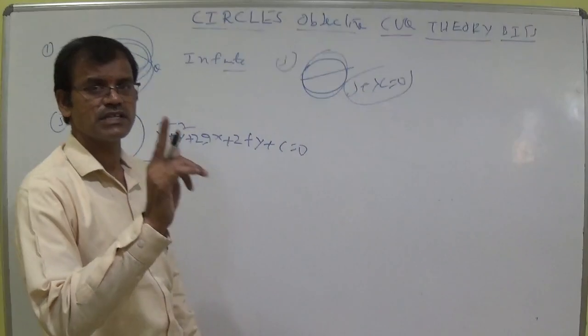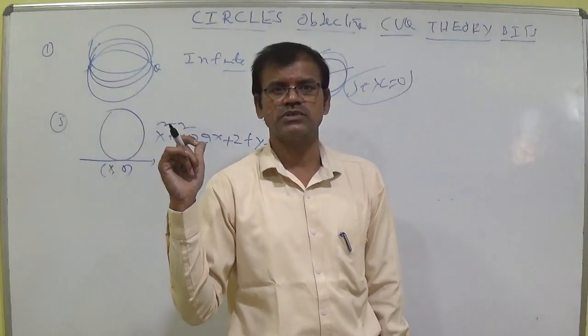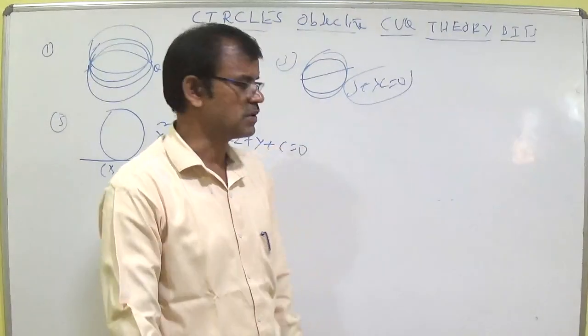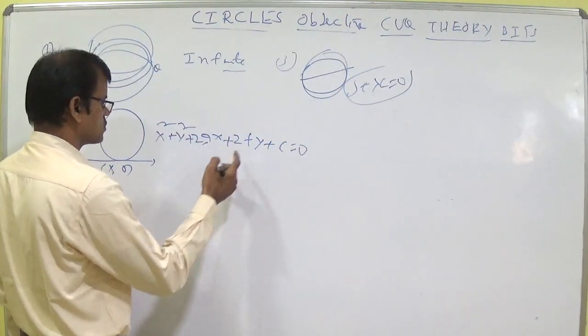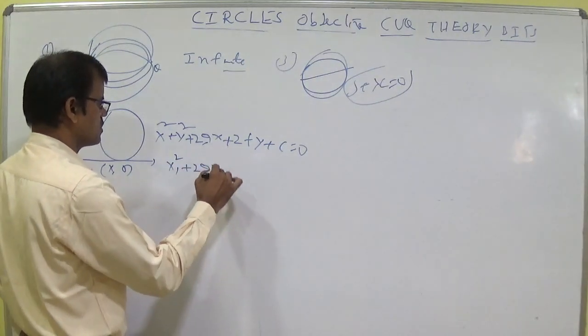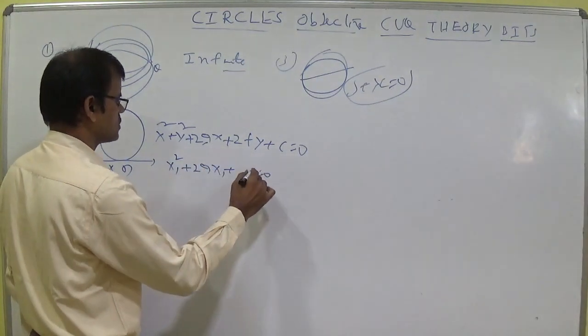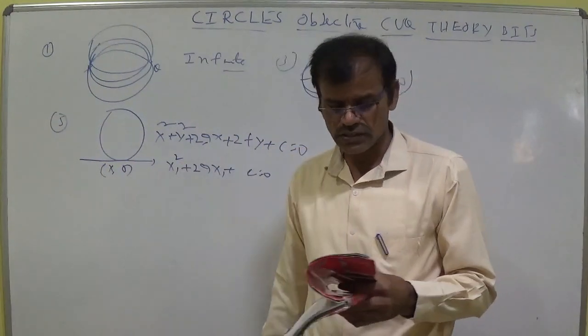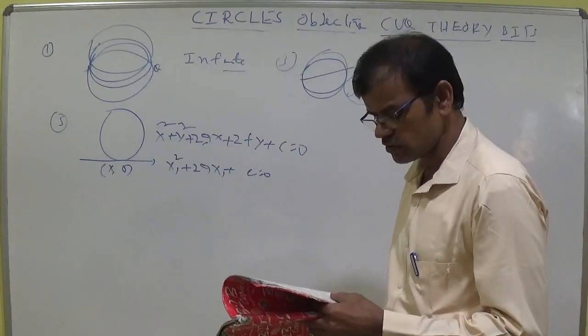Whatever conditions I said in IPE, I did not discuss for objective. Apart from IPE, what is needed for objective, that concept only we have discussed. You can write x1 square plus 2gx1 plus c equal to 0, because we simply put the value x1 comma 0. The locus here is written as the first option, x square plus 2gx plus c equal to 0.